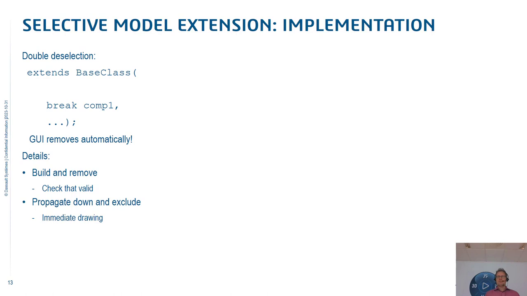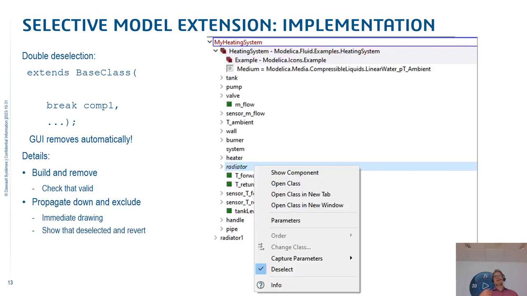And that's also something that can be useful, especially if you want to draw it immediately. So you don't want to build an intermediate graphical representation, you just want to draw, and then it's more convenient to just have a list of things that you want to be excluded from a drawing. And it also allows you to get an overview of all the components, even with deselected ones, which is useful if you want to undo a deselection graphically.